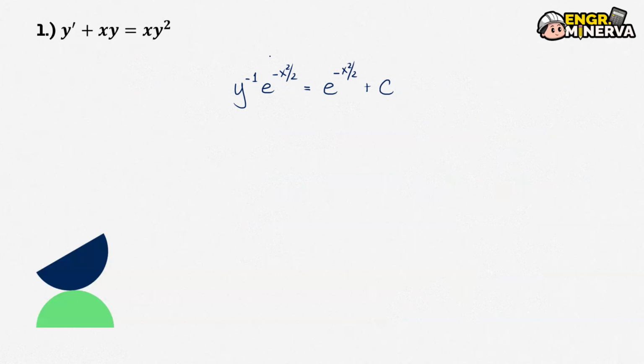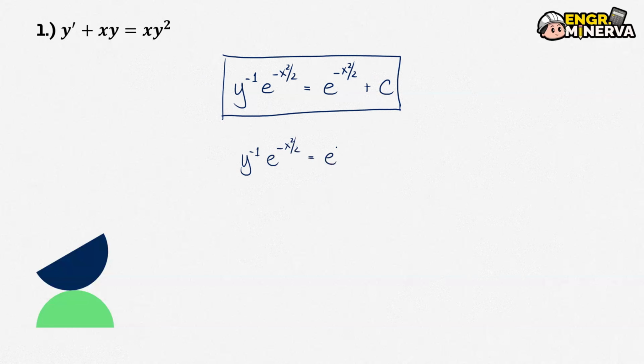So if you further simplify this one, actually this can be our final answer. But again, if you want to get the explicit solution for your answer, we can divide e raised to negative x squared over 2 to our whole equation.